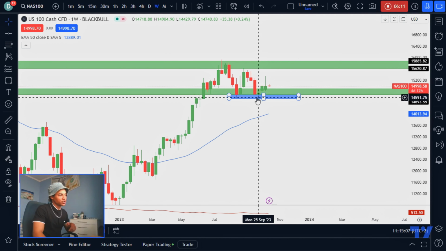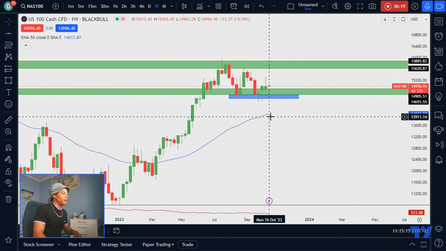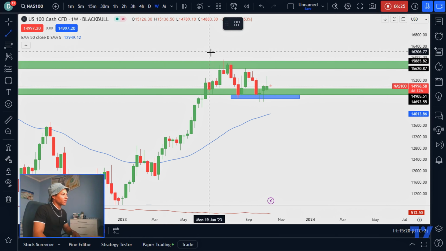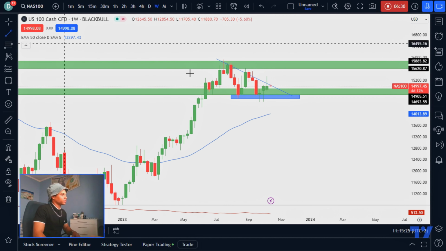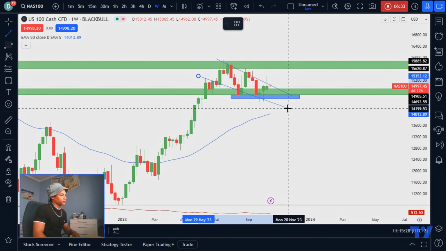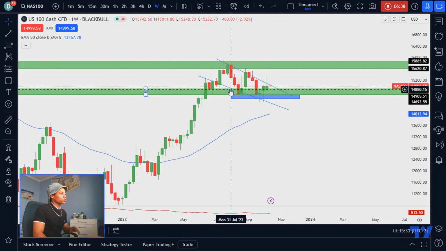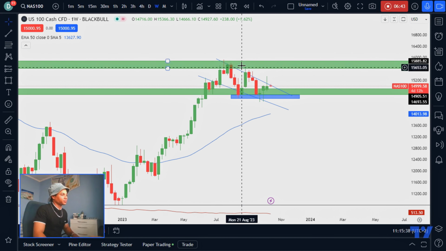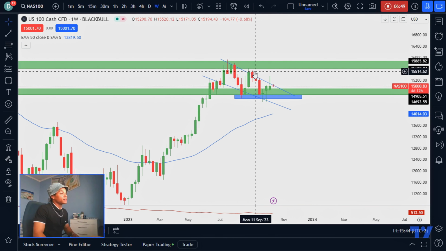And as you can see, we have indecision here with this candle. But then we have a huge rejection forming this hammer candle. So as you can see, even if you draw a trend line, price has been moving between my trend line, and also this chart pattern that is formed is a bullish flag.